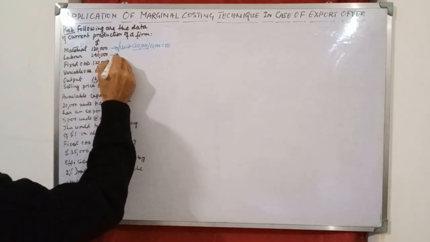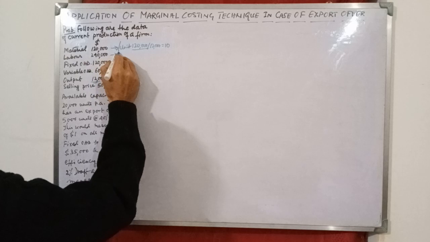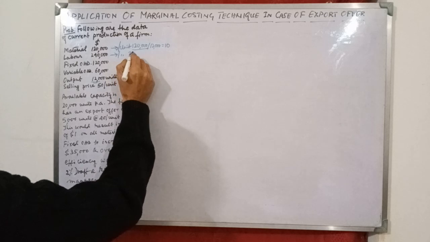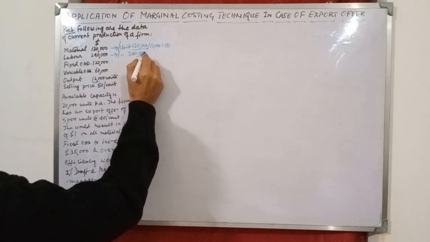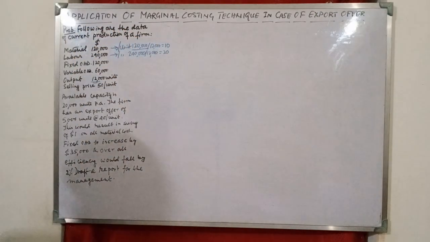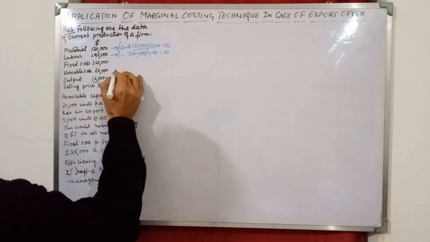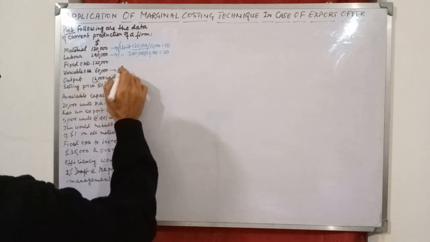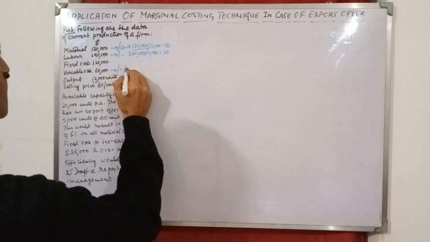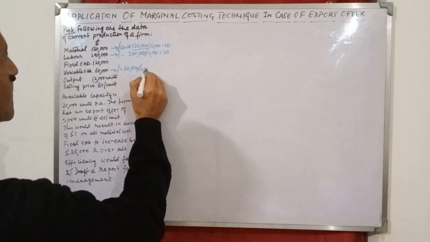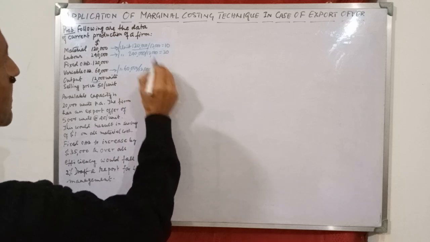Labor cost 240,000, therefore labor cost per unit is 240,000 divided by 12,000 equals 20. And the variable overhead is 60,000 for 12,000 units, so per unit it is 60,000 divided by 12,000 equals 5 per unit.